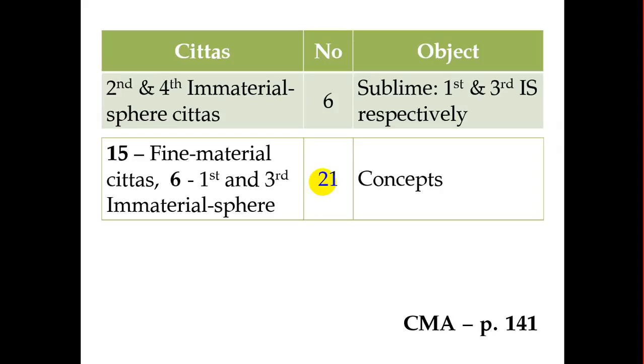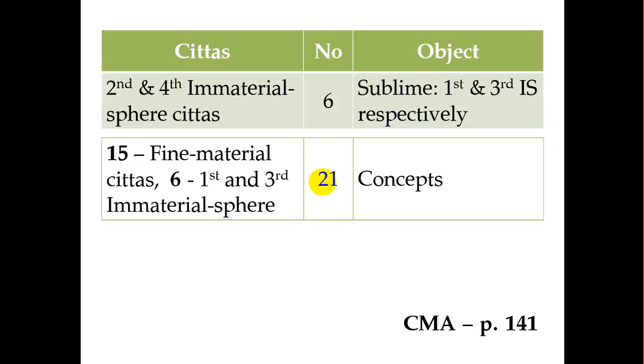It doesn't really exist. Therefore, it is called concept. Only the moment you take the object of that concept, you attain jhana: the first, second, third, fourth, and fifth jhana. Therefore, all the 55 material jhana cittas take the object of concept, right?